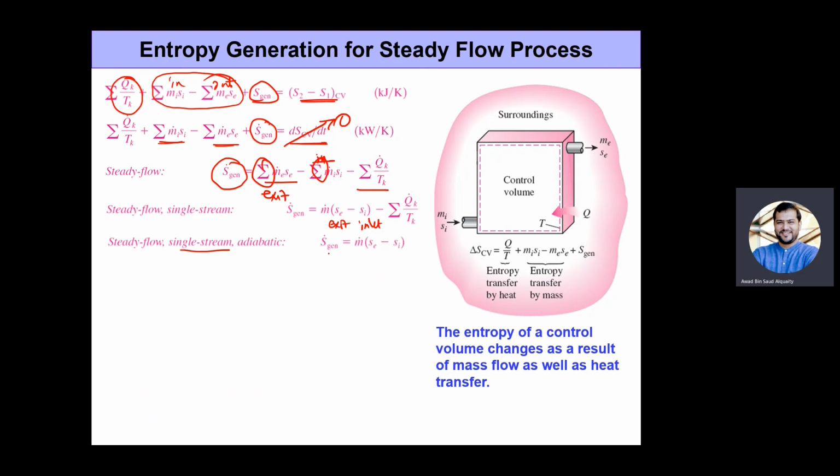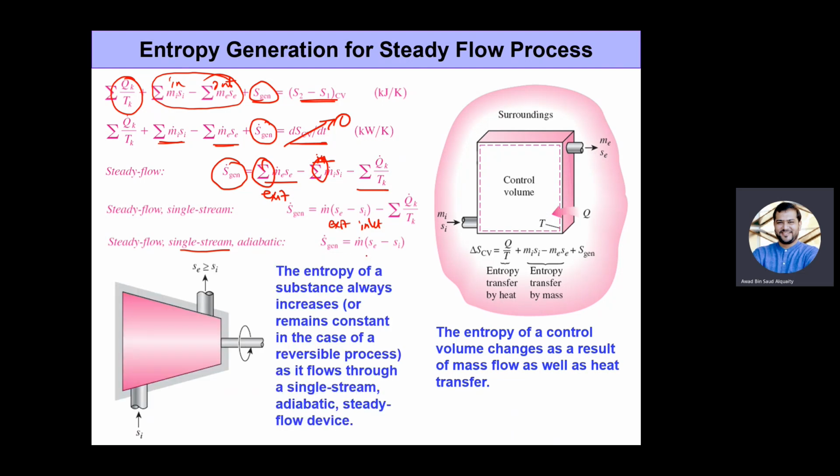And again, you can say that the entropy generation is simply equal to the mass flow rate times the change of entropy, the entropy that goes out minus the entropy that comes in.